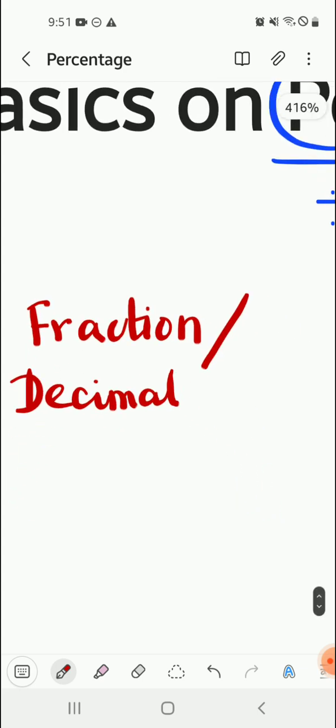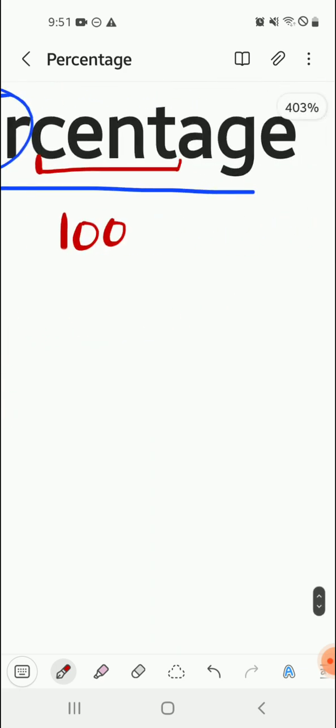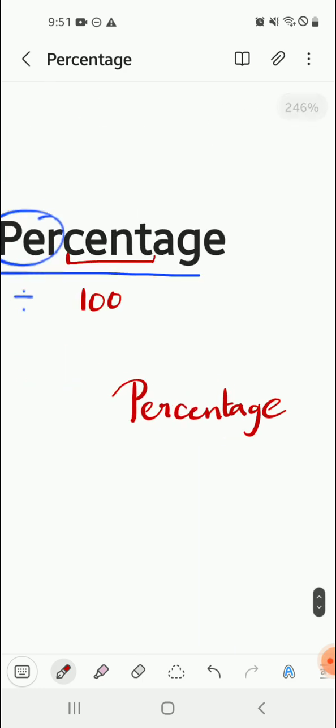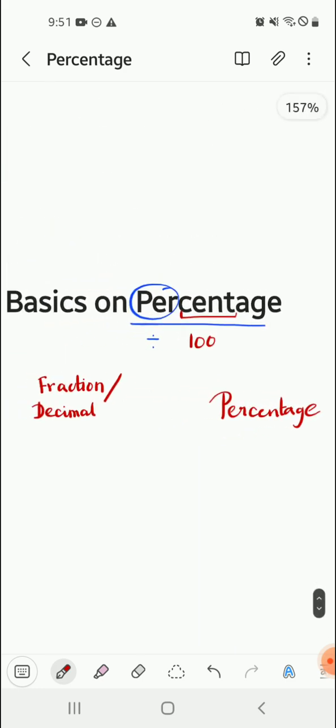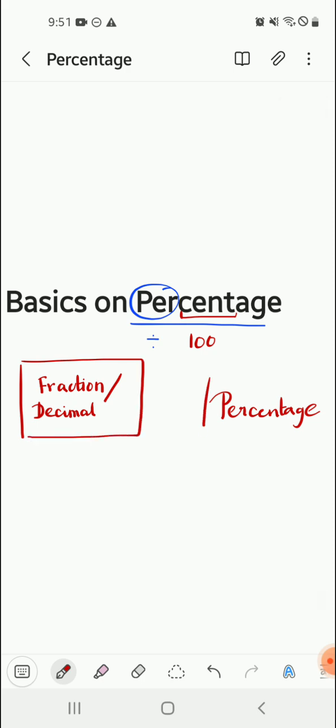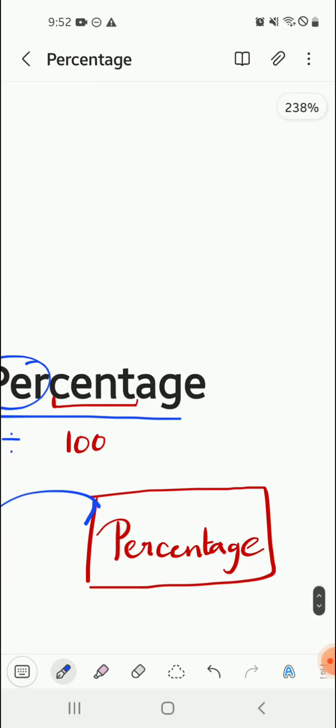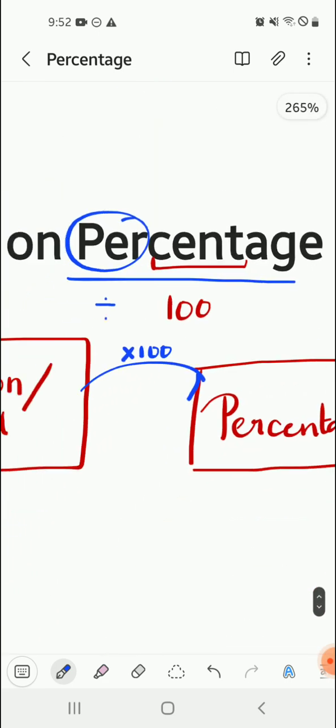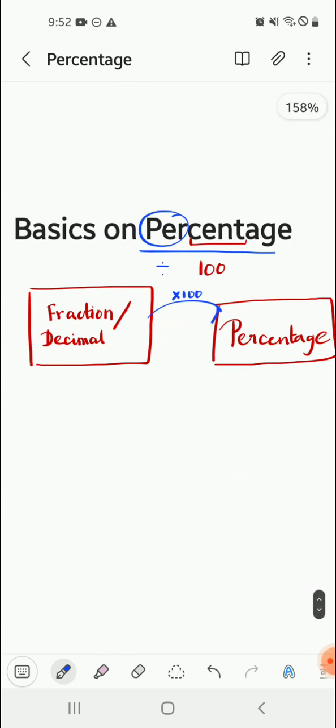So, if we are given a fraction or a decimal number and we are asked to find the percentage form of it, we have to only simply multiply the number with 100. If I multiply the fraction or decimal with 100, then what we get is the percentage form of the fraction or decimal.